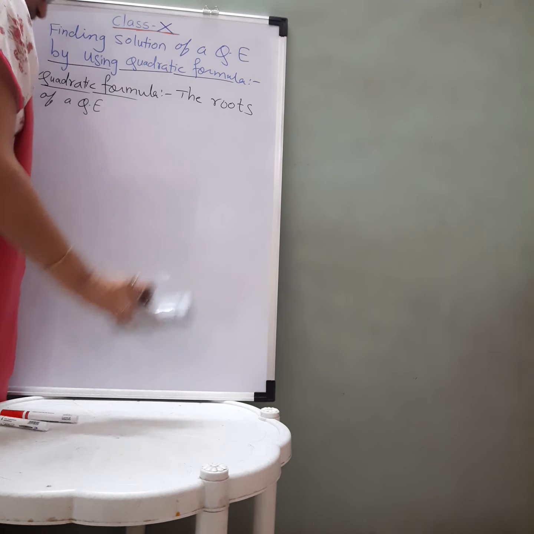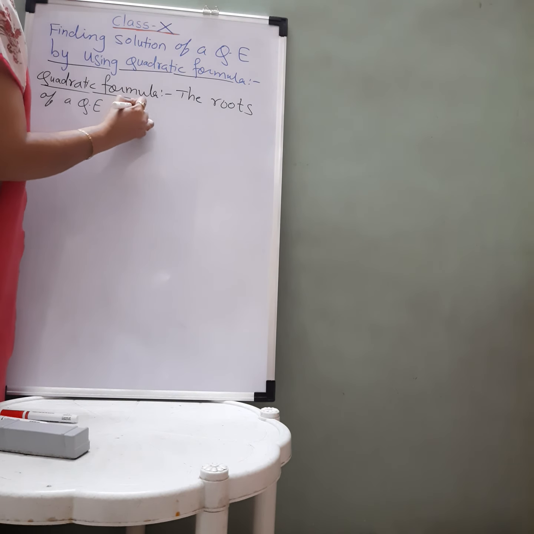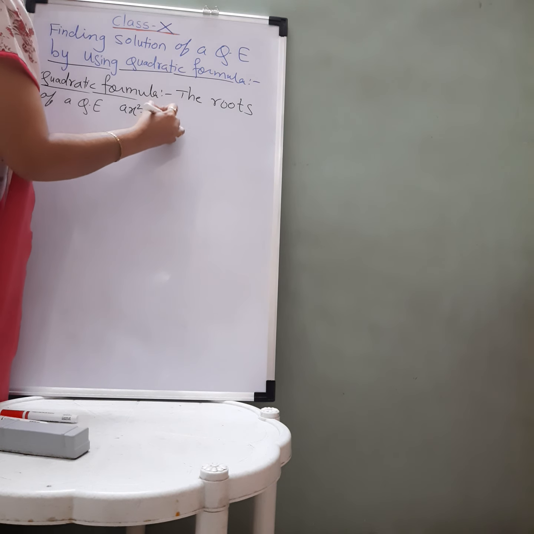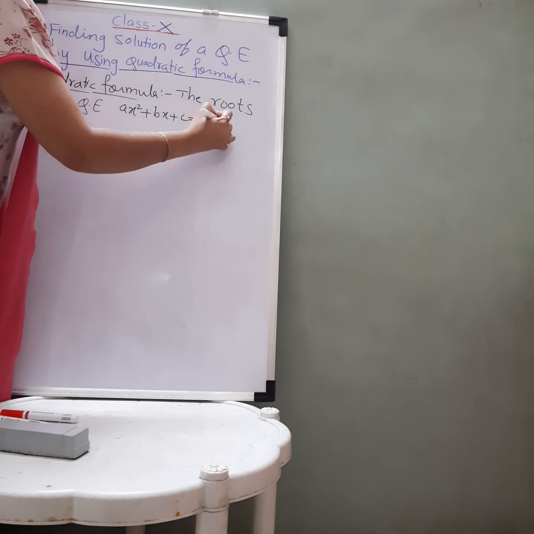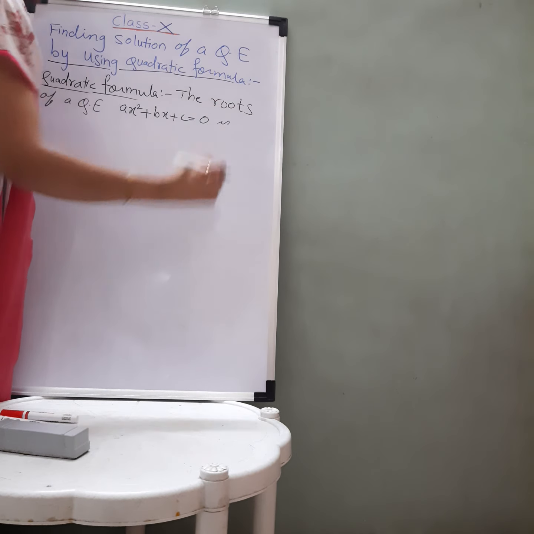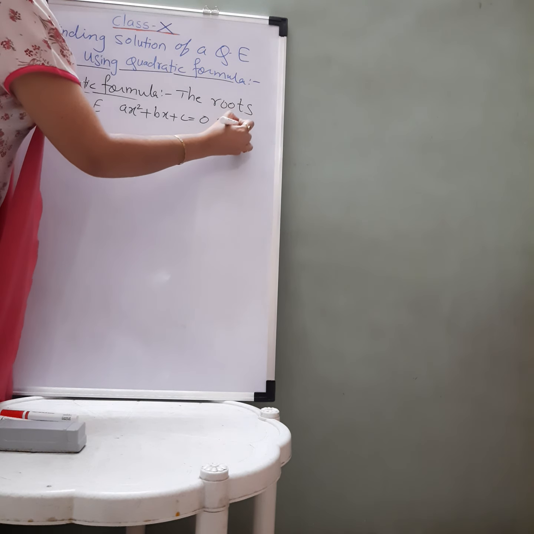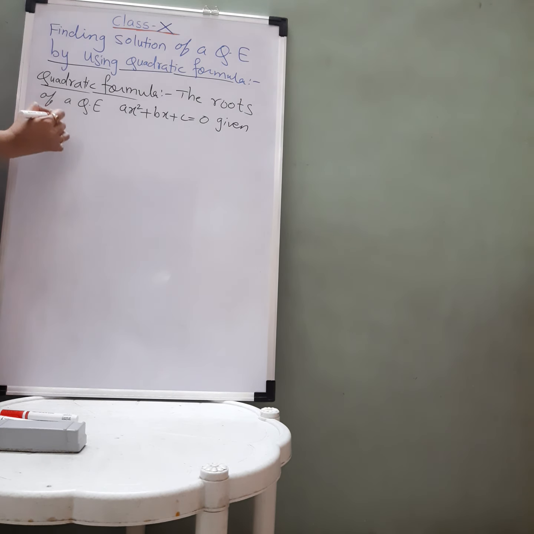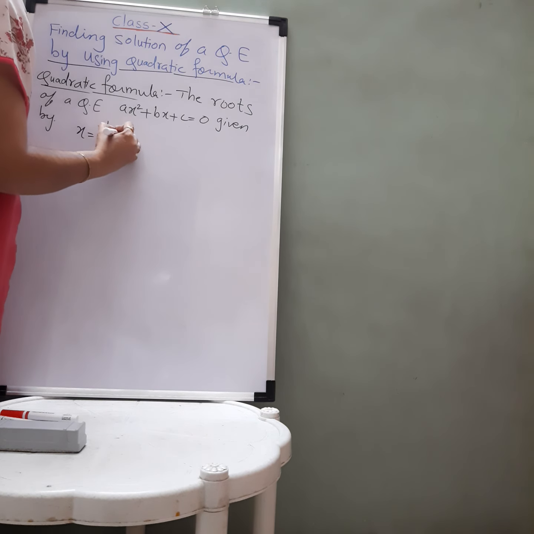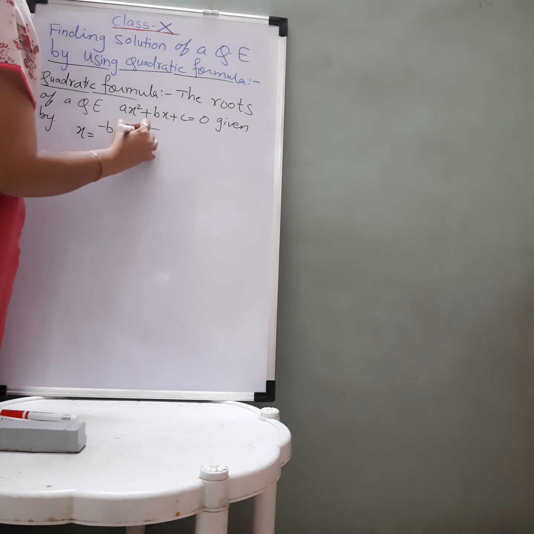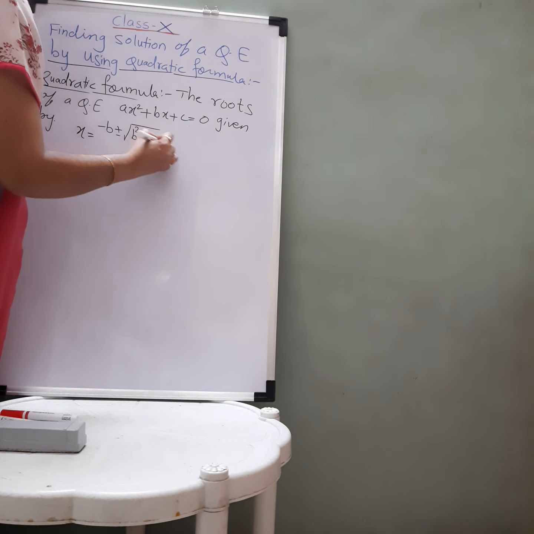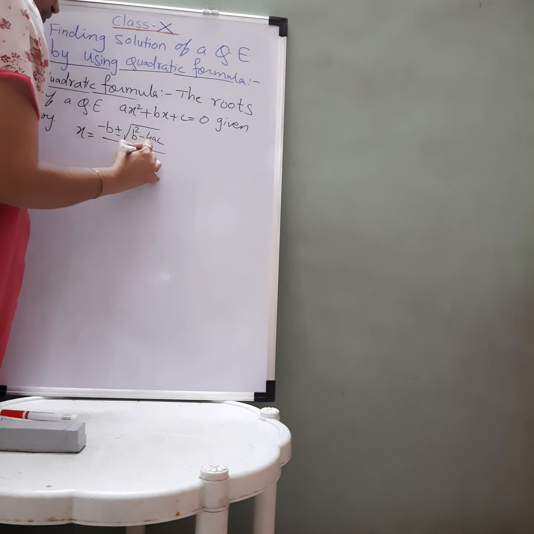The roots of the quadratic equation ax square plus bx plus c is equal to 0 are given by the quadratic formula, that is x is equal to minus b plus or minus under root of b square minus 4ac upon 2a.